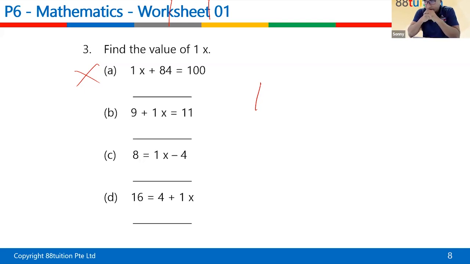What's the value of x? Remember, 1x is the same as 1 times x, all right? 1 multiplied by x. I'm not able to scribble on the screen because my pen is a bit off today. It's not functioning well, but we will still conduct the lesson. If you're not sure, just ask, okay? All right. Okay, what's your answer for B?